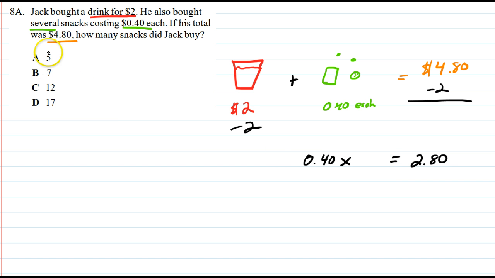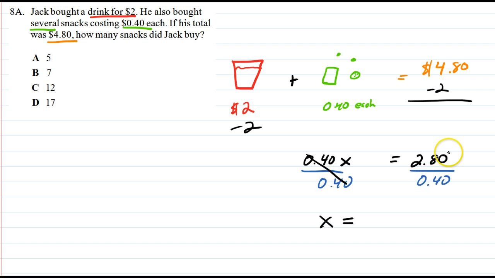And so like before, you could just plug numbers in until you get the correct answer, or you could set up an equation and solve. So since we already have that, let's go ahead and divide both sides by 40 cents. So over here, we're going to end up with x equals.